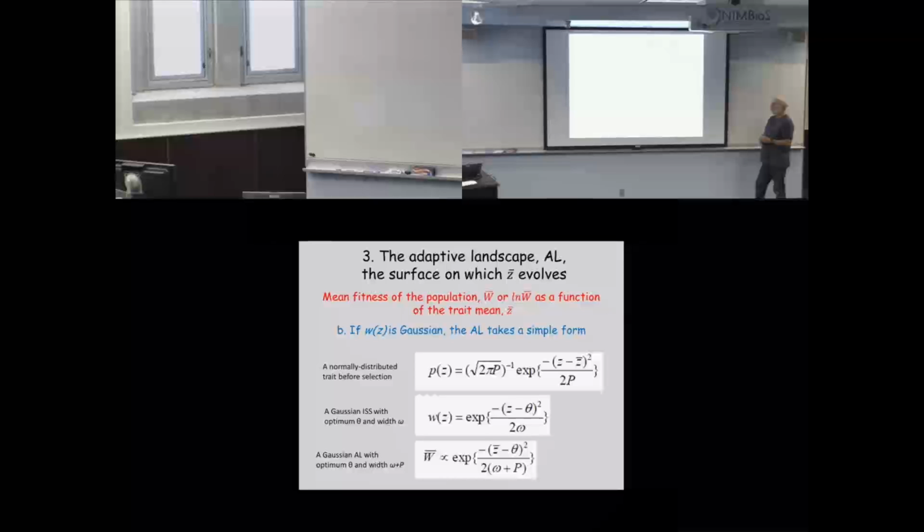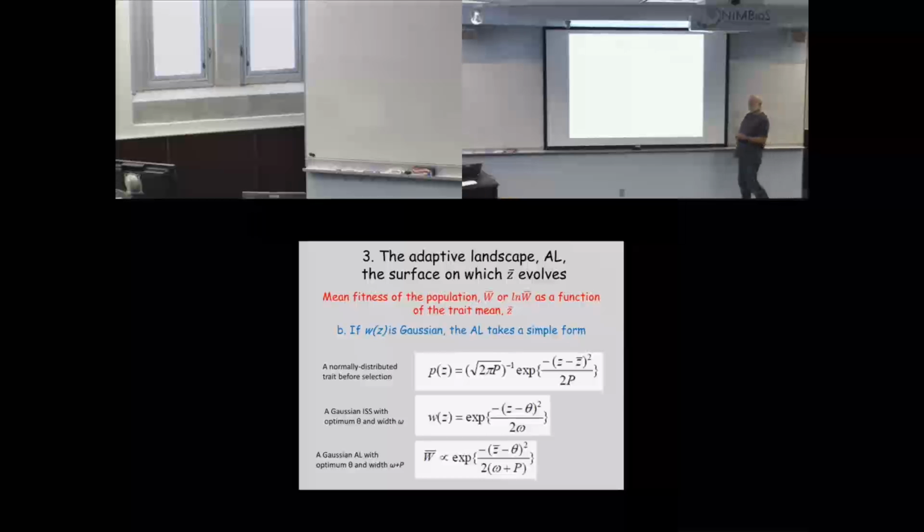And really that square root of 2 pi P doesn't contribute anything to the fitness. It's a constant relative to the fitness, so it doesn't matter. It's just like a scale, but it does not contribute to the final fitness when you're integrating. Good. Another way to say it is that line is relative fitnesses, and the relative fitnesses are taken relative to the fitness of 1 at the peak. Right.